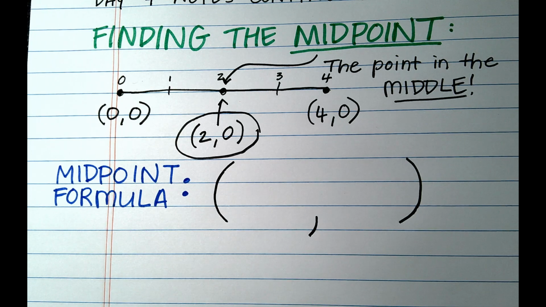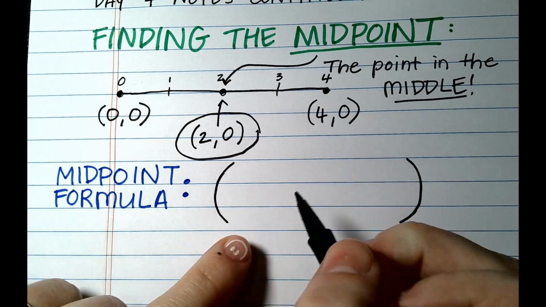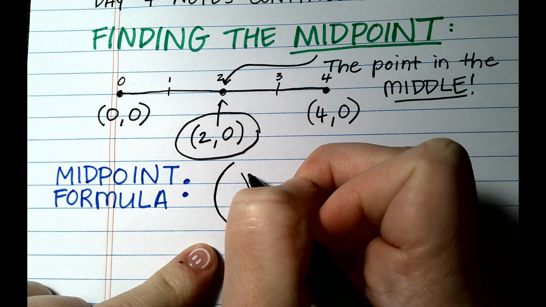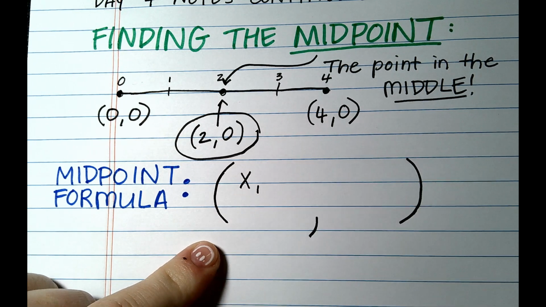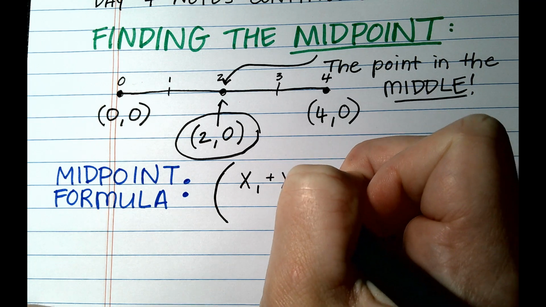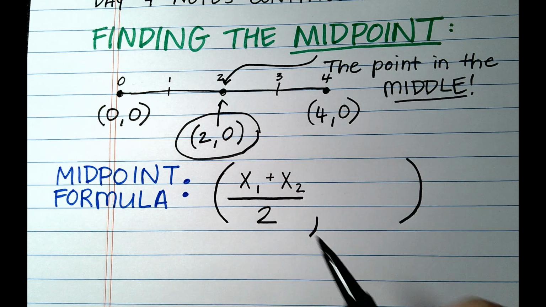And here's what we'll do. We have to solve for the x and then solve for the y. We are going to use x1 plus x2 divided by 2.